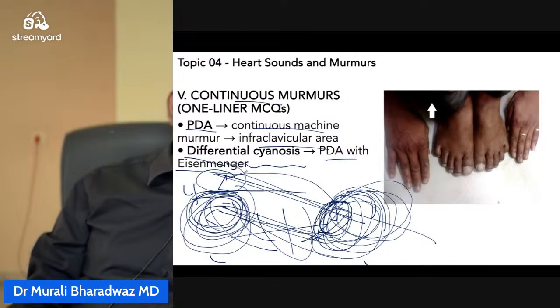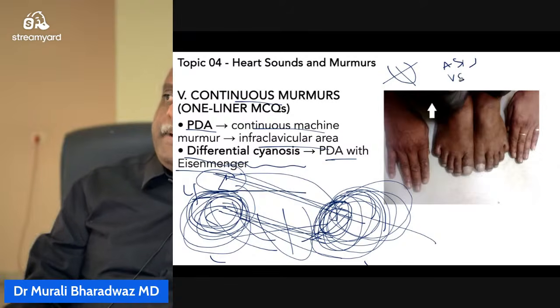First of all, what is meant by Eisenmenger? Very simple. There are three lesions which are called acyanotic heart disease. What are they? ASD, VSD, and PDA.